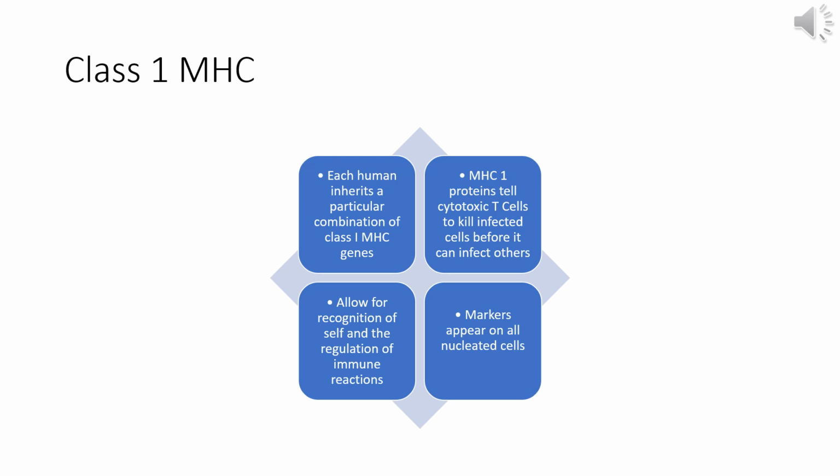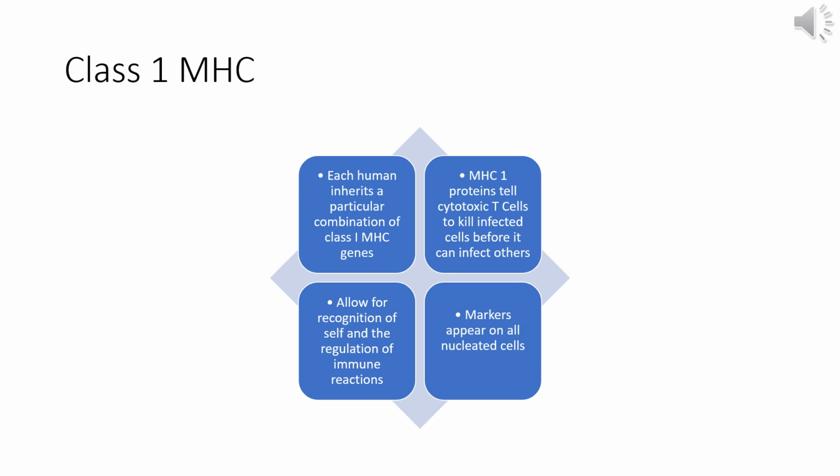So there are 3 main classes of MHC proteins, and they vary pretty heavily between the 3 once you actually start breaking down the characteristics of them. So class 1, it starts with that each human will inherit a particular combination of MHC genes.